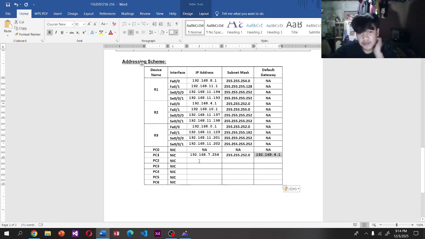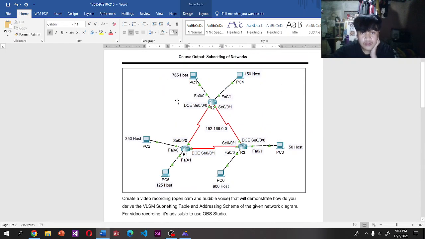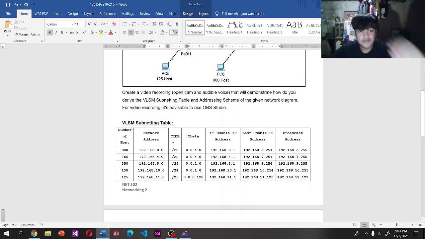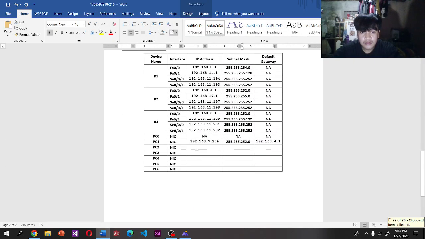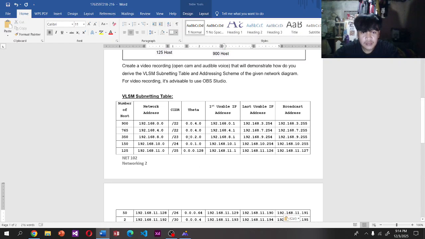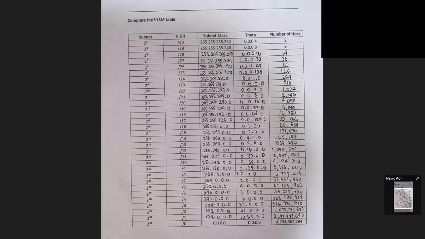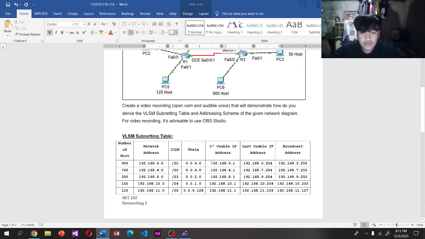Let's repeat the process. PC2 has 350 hosts, CIDR 23, mask 255.255.254.0, and the default gateway is the first usable IP address.